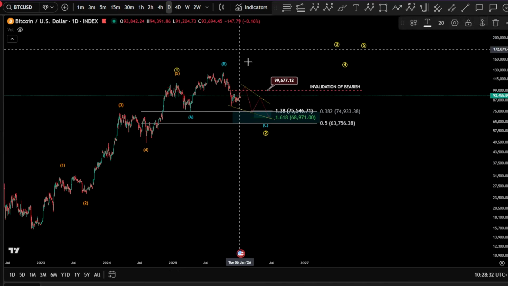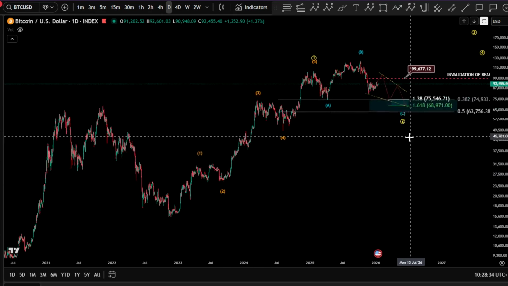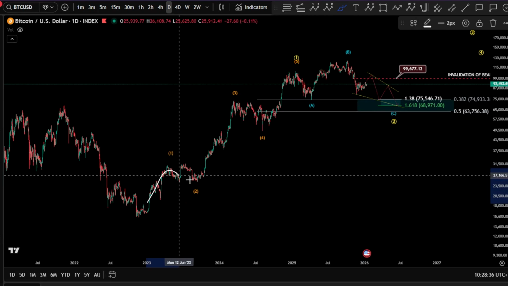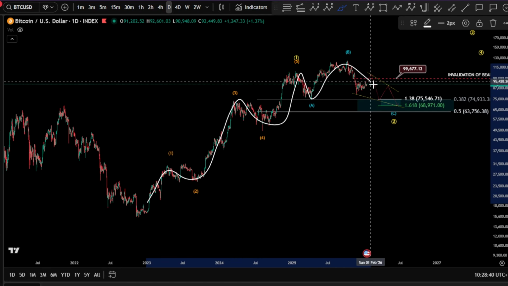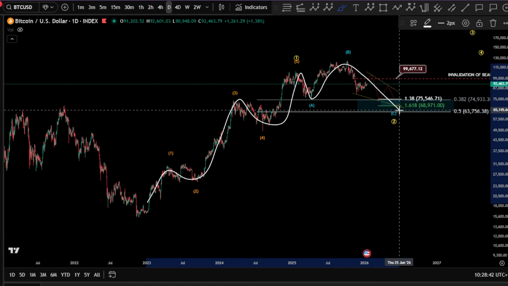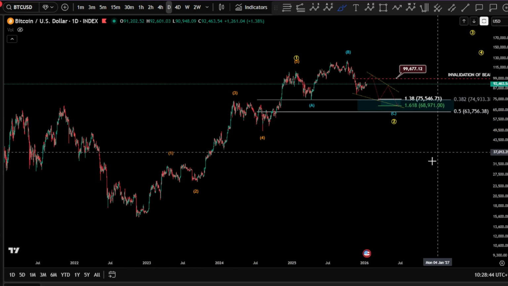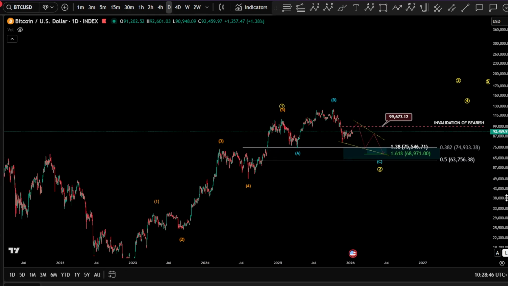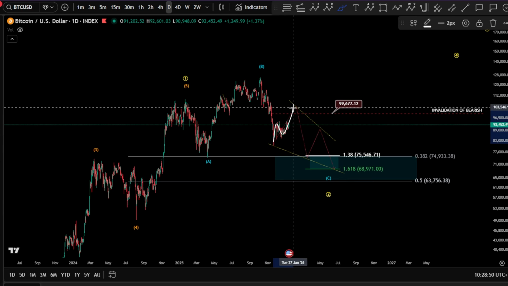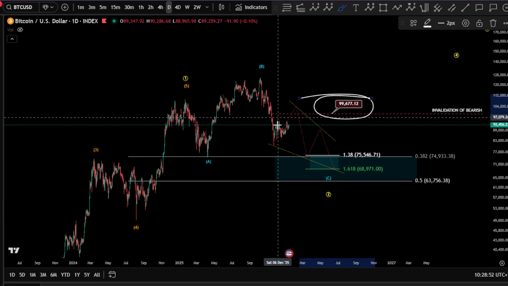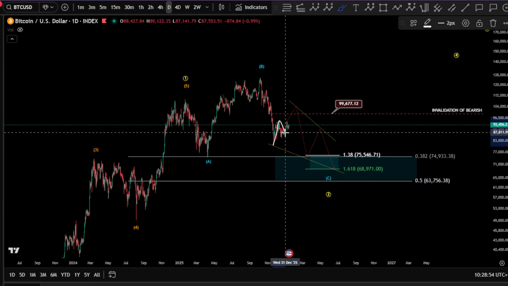Now, the other possibility is that we might still be in the previous scenario where you have a wave 1 here, and we're still having an ABC for the same target, same area. 68K might be a target, but we're looking for this correction to hit the 99K 600 in an ABC zigzag.